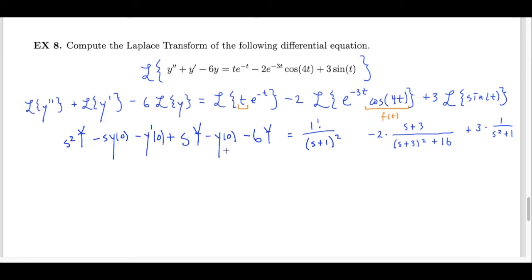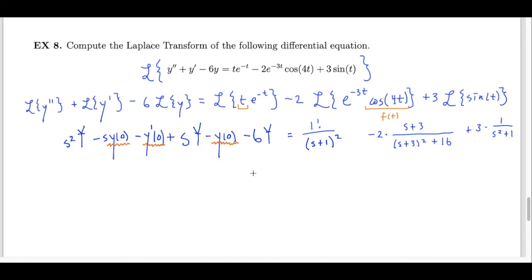These are initial conditions, and so those are some constants which, in the context of a real differential equation problem, are probably provided to me. The second thing that I'd point out is that the left-hand side has a few of these capital Y terms. And those capital Y's are the transform of an unknown function. Actually, those capital Y's are the transform of the solution of this differential equation.